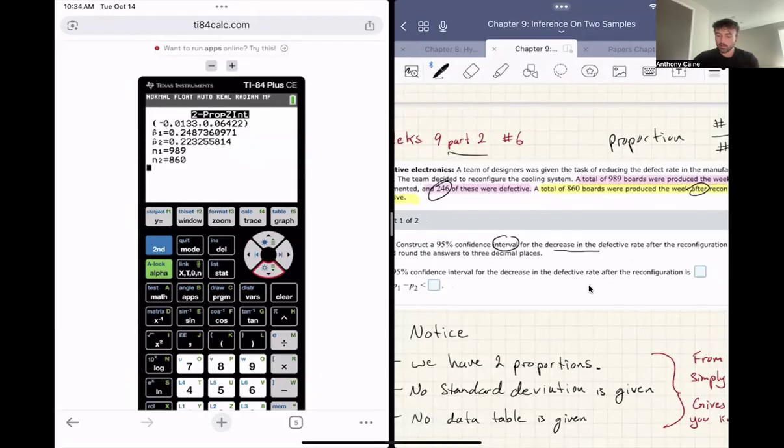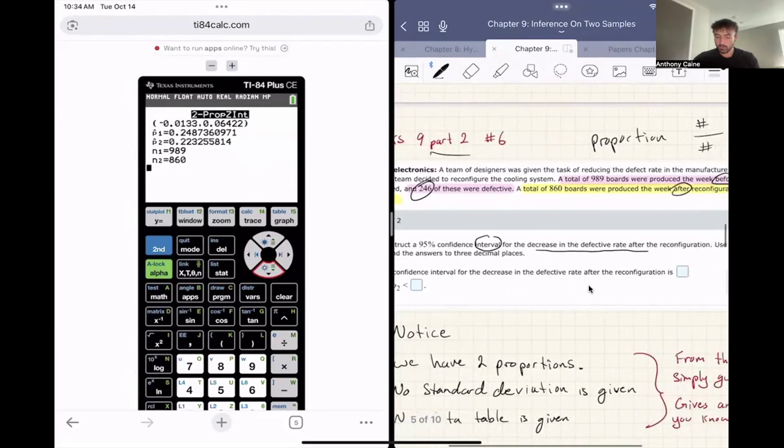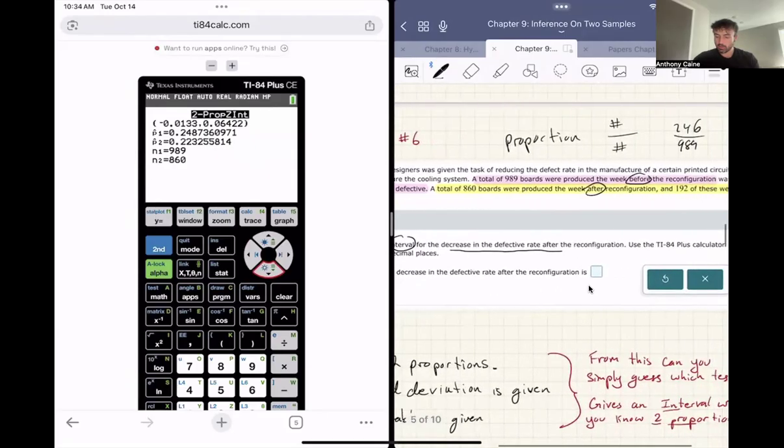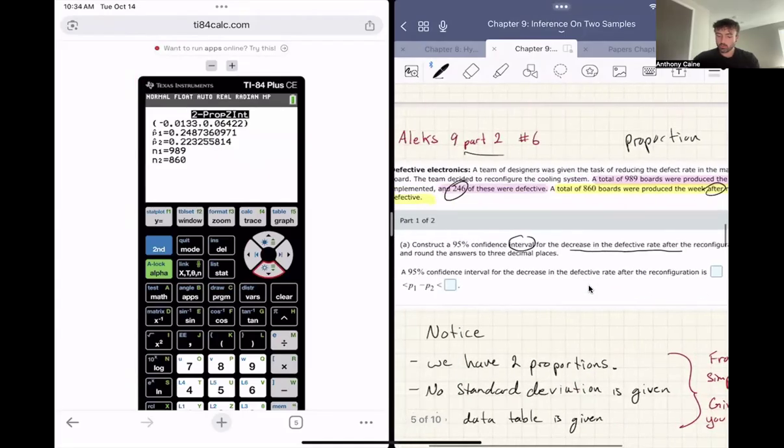If we're checking how things perform after, then the way we want to structure the change is the after value minus the before value. This measures the change in what we did.